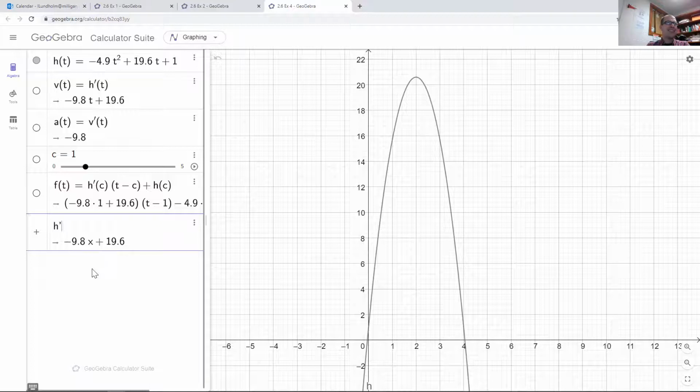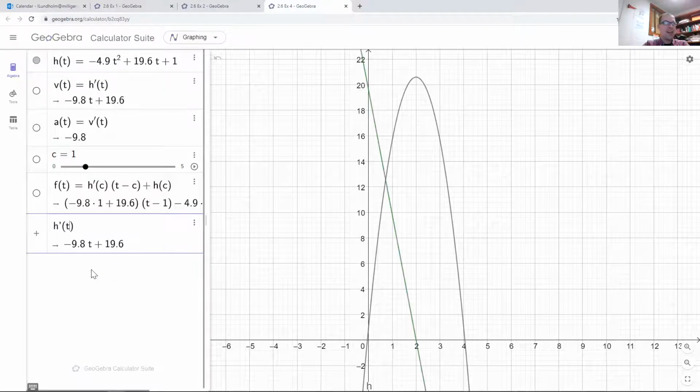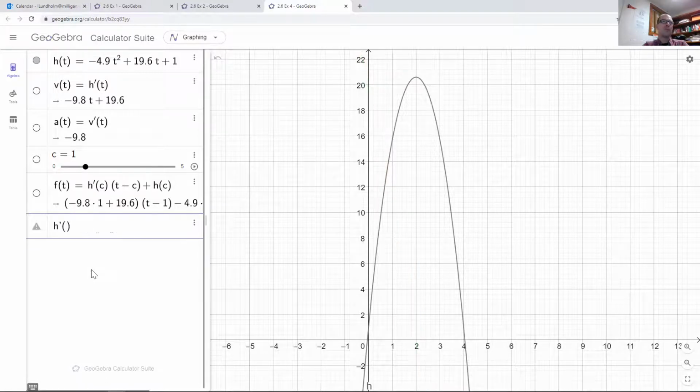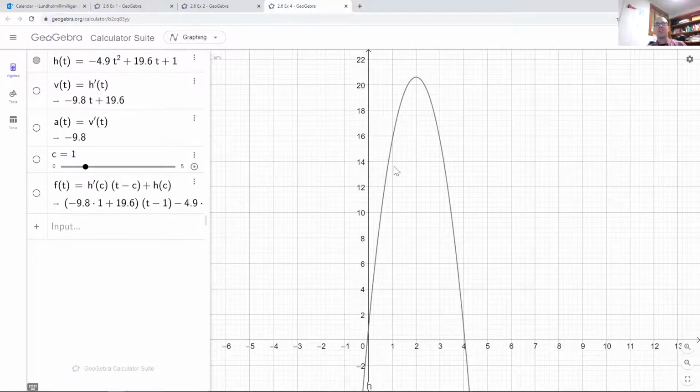In this case, it's giving it to us in terms of x, which is weird, but if you specify that you want t, it'll use t. Notice I've already done that. And so we have a function for h of t, height. But now we have the derivative of the position.